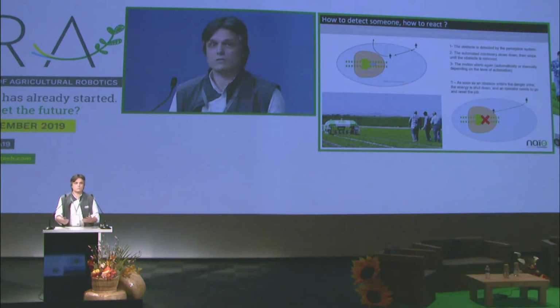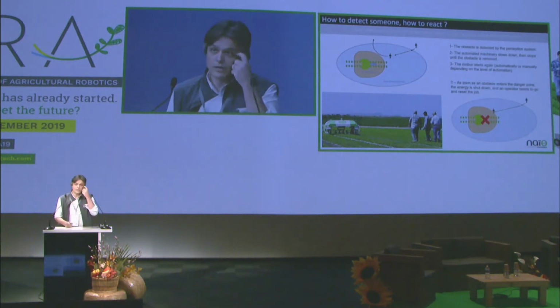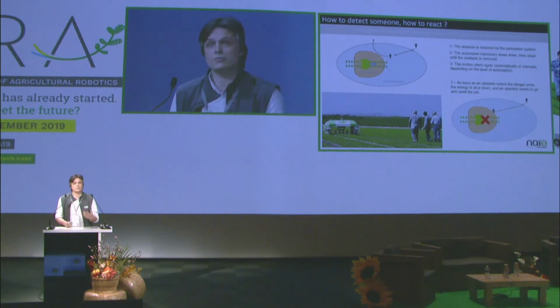So the approach is to have two areas around the machine. One is the immediate vicinity of the machine where you can have immediate danger. You are going to shut down your energy. And around that, a perception area where you can act and decide, and you have the time to decide either to change your trajectory, to slow down, to make an alert, to make some noise, to try to deal with the obstacle.